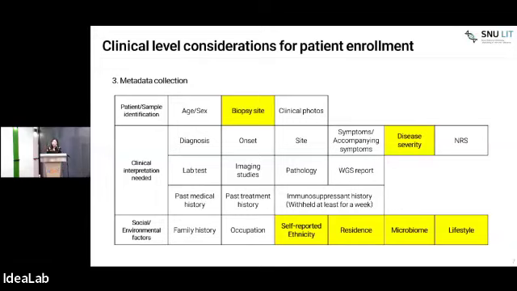Moreover, disease severity scores conventionally used by clinicians are essential. This will help us understand the disease biology itself and also the progressions. Lastly, I want to emphasize the information about the ethnicities and residence, as the skin is influenced by various social environmental factors, including lifestyle, diet, and microbiome.